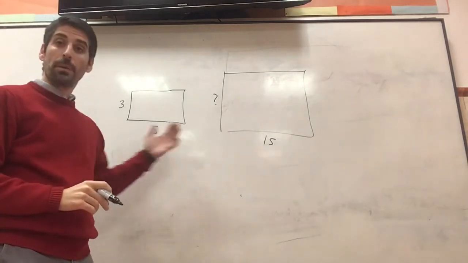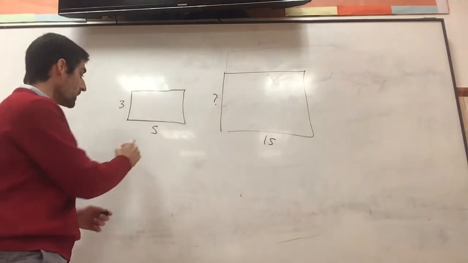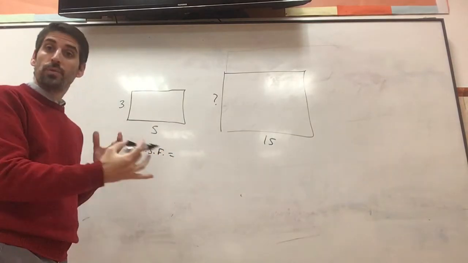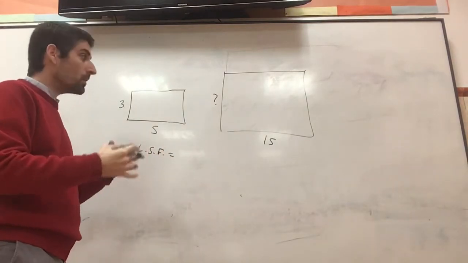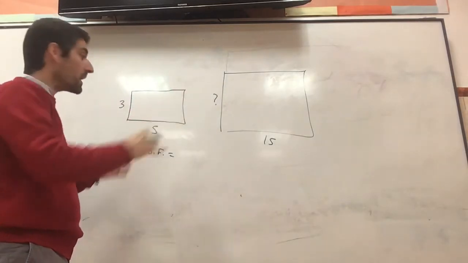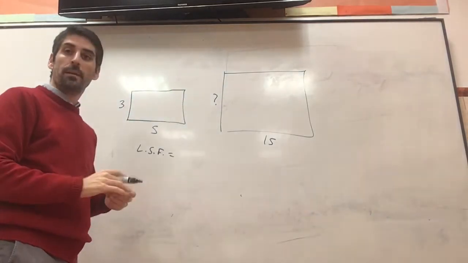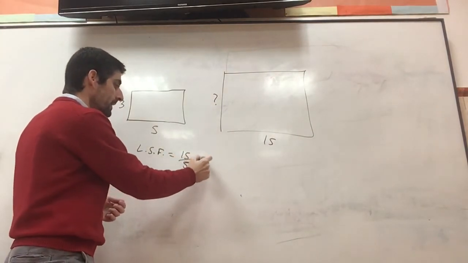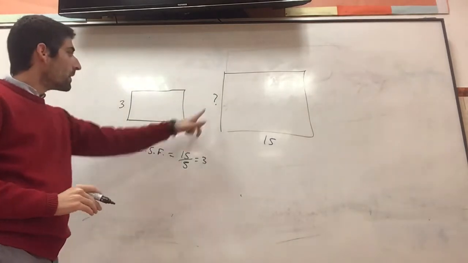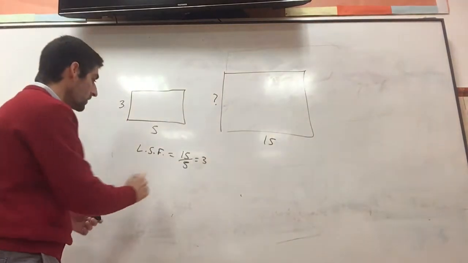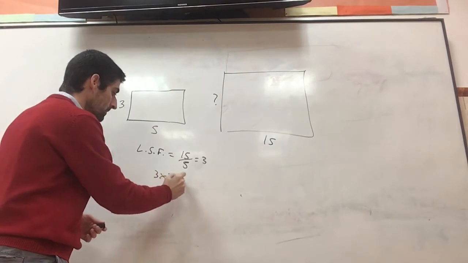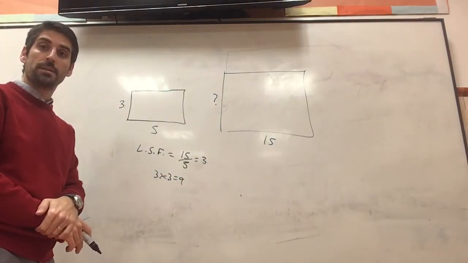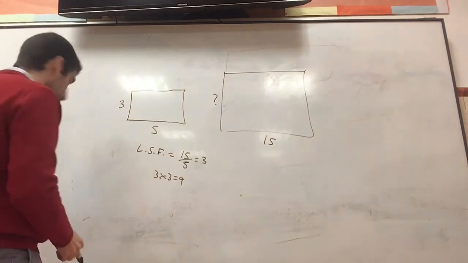Well, I'm going to look at my two shapes and I need to find two corresponding sides, two of the matching sides between the two shapes, and figure out the length scale factor. So 15 divided by 5 is 3. Therefore, that missing side there is going to be 9. And this is how you will have to answer the question in the exam.